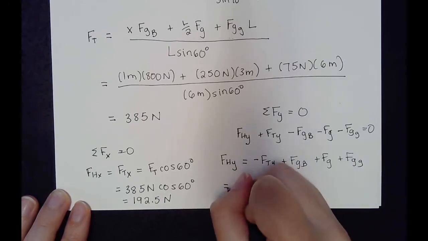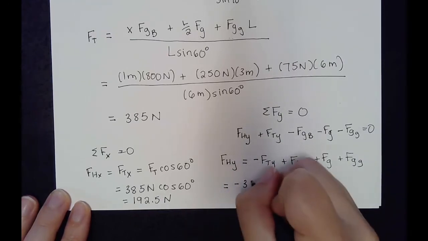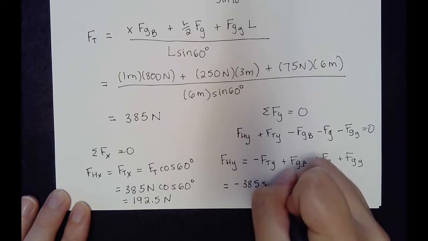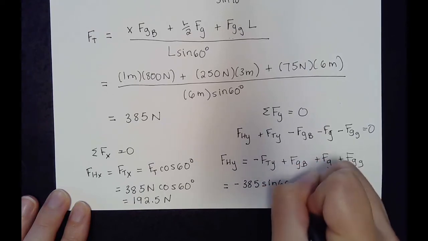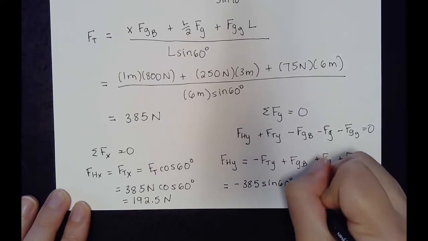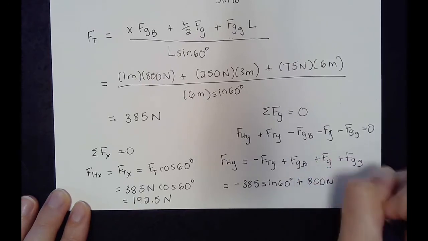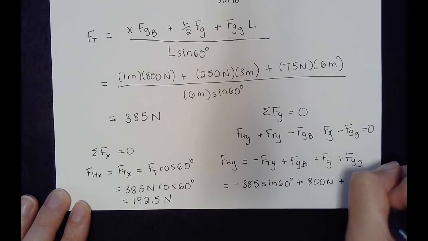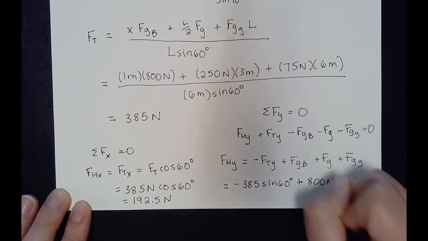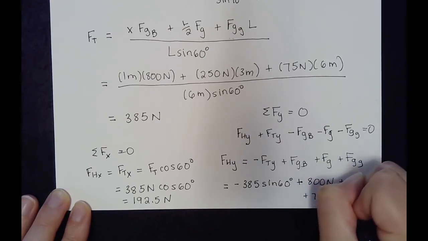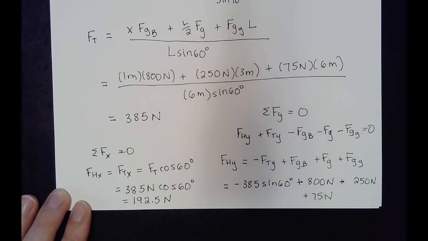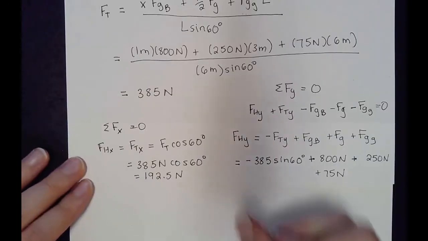So that's going to be negative 385 sine 60 plus 800 newtons plus 250 newtons plus 75 newtons. Okay, I just made a little bit more space.